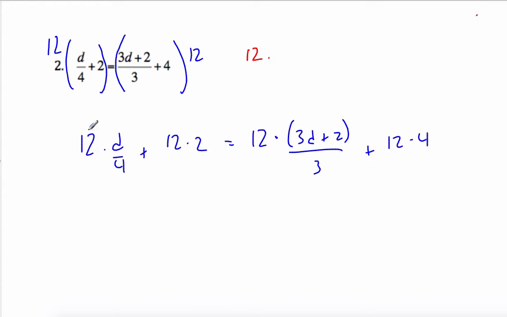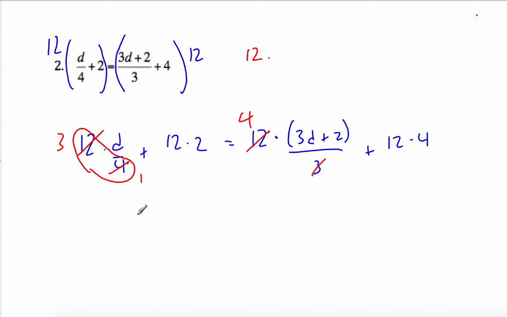The 12 is multiplied by each one, and take the time to write this step. It's really helpful. Before I actually multiply, I'm going to simplify first. Here, the 12 and the 4 become a 3. There's nothing to simplify here. This becomes a 4 because I divide both by 3.